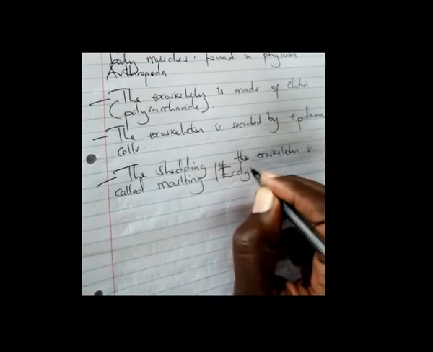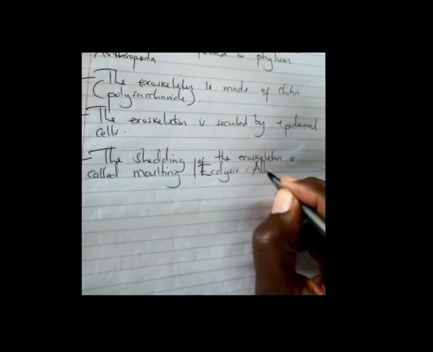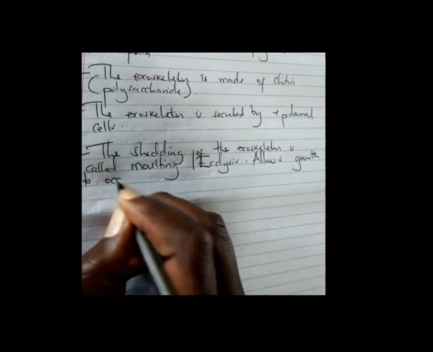Why is the shedding important? The shedding is important because it allows growth to occur.